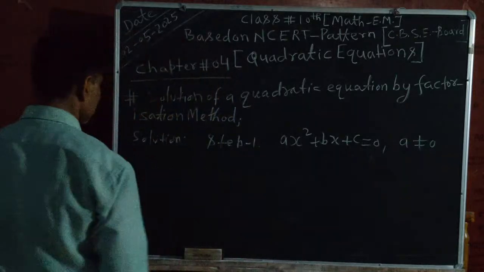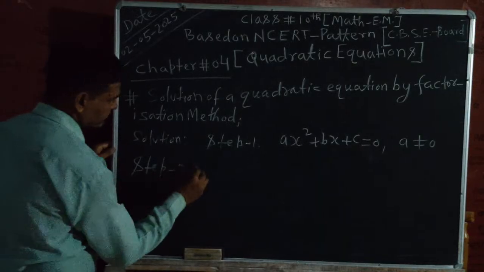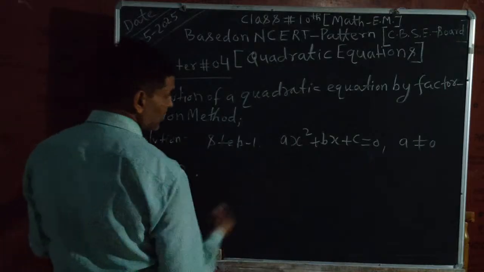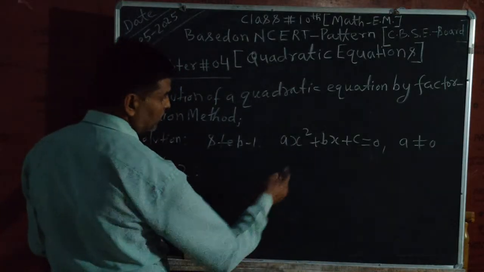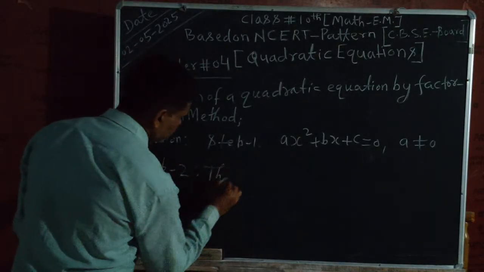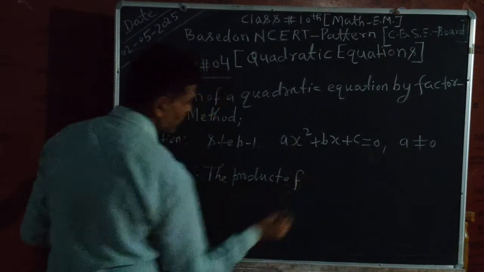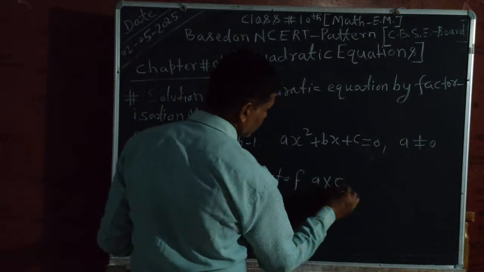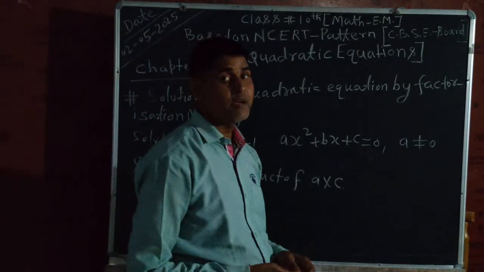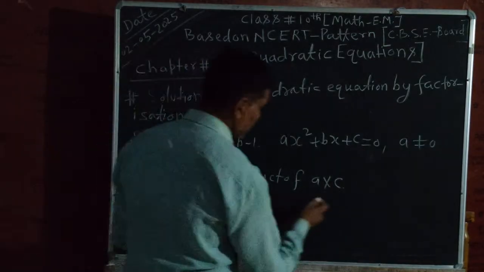Now in the second step, I will take the product of the two values, that is, the product of a and c, and after taking the product of a and c, I will take the factors.